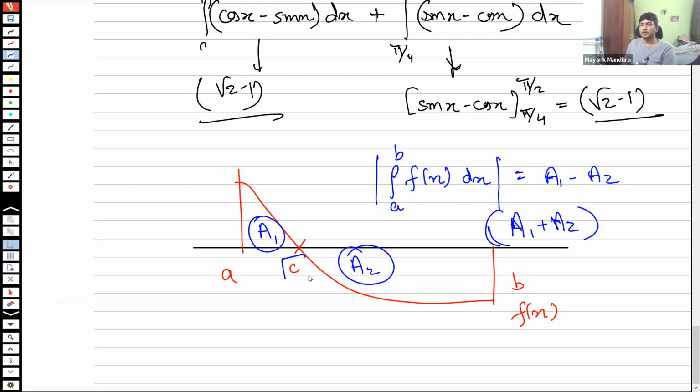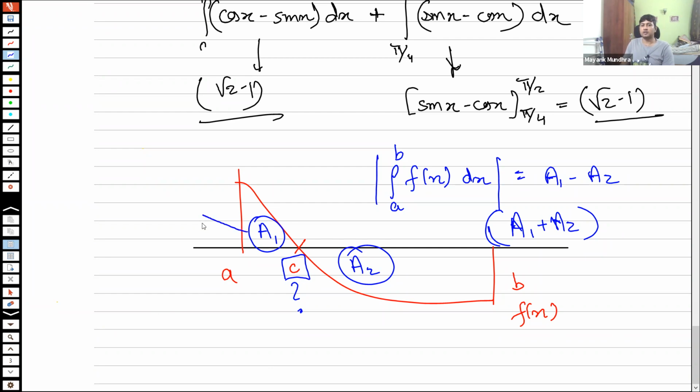Now, in order to find that, you need to know this. If you are unsure about C, this technique cannot work. So this C, where the function becomes positive and where it becomes negative, is absolutely important in finding this area.